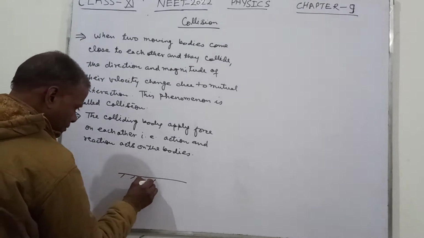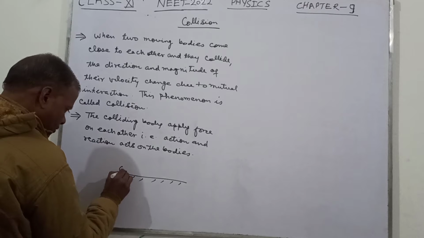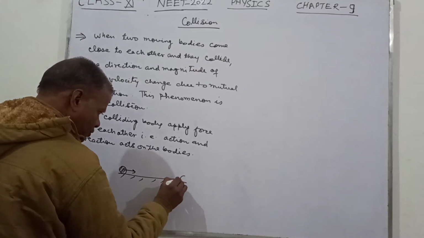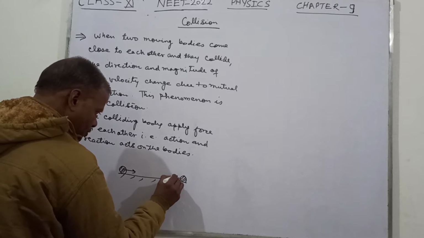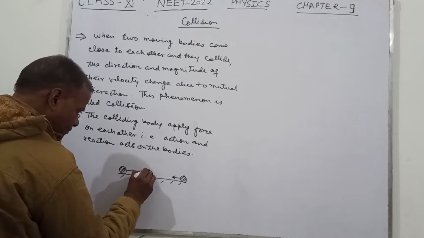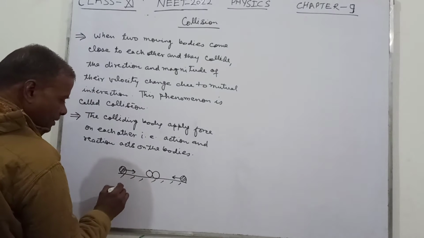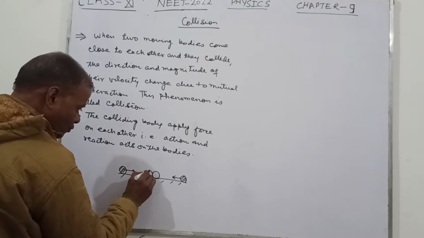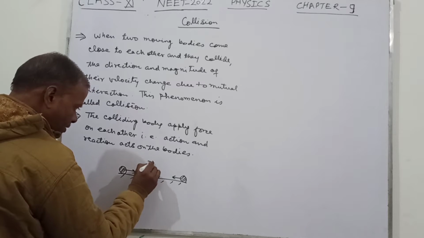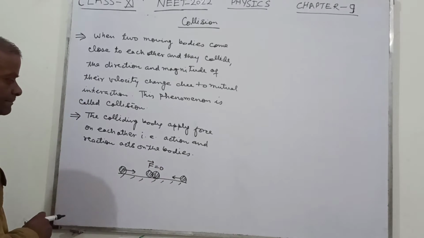Suppose this is one body moving here, and this body is also moving, and then they collide with each other. Then they apply force on one another. So the net force here is equal to 0.